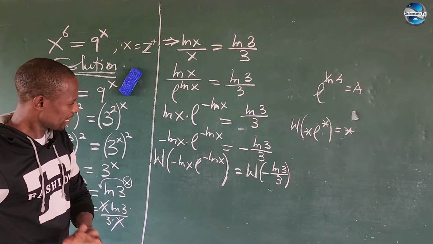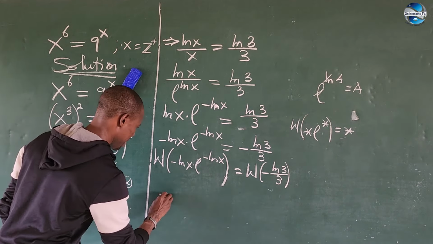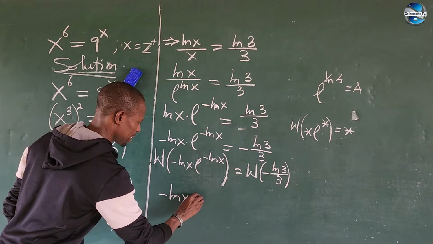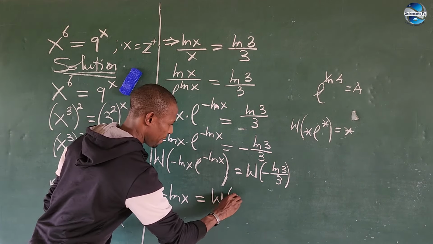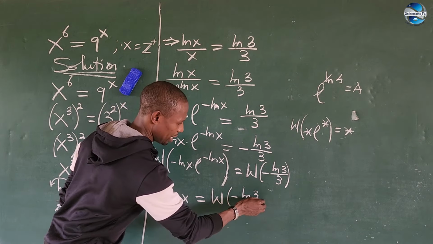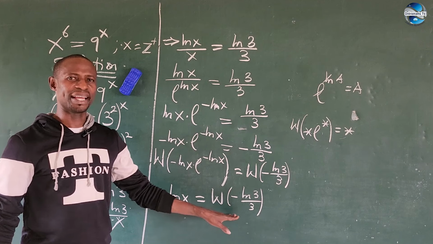Now let's look at this again. What will the left-hand side give to us? This will give us minus ln of x is equal to the Lambert W function of minus ln of 3 all over 3. Good, so what do we do here?